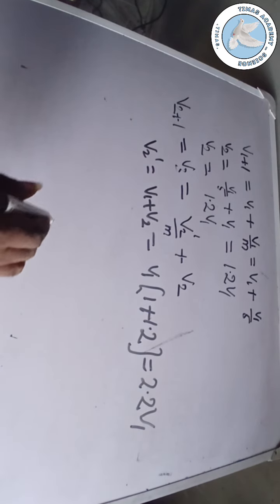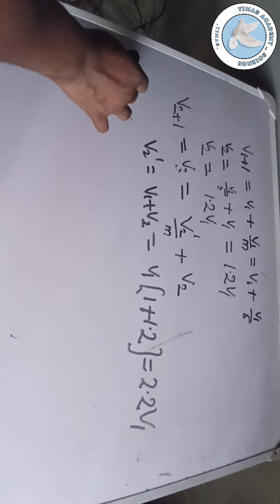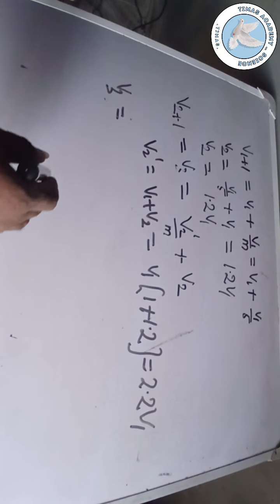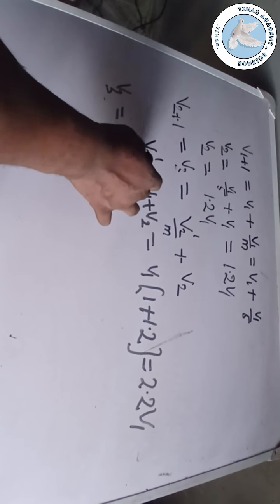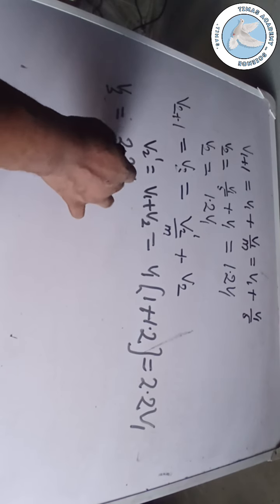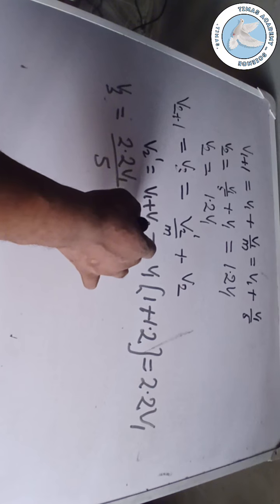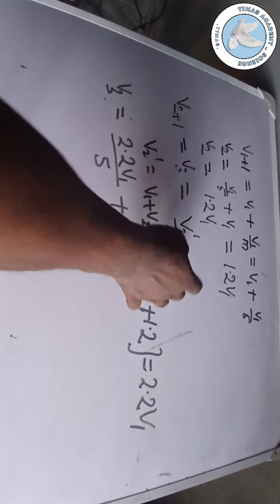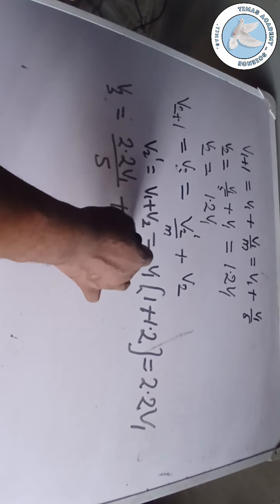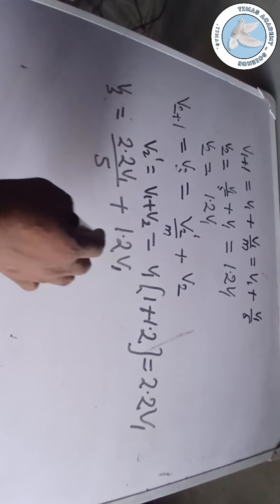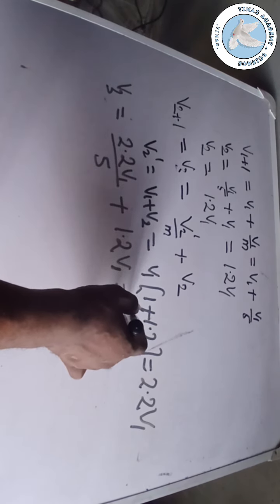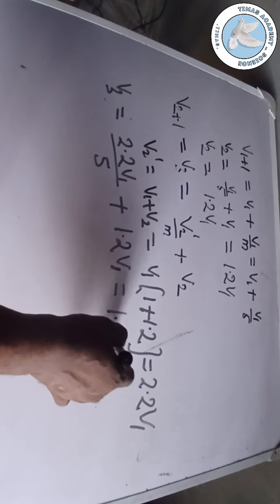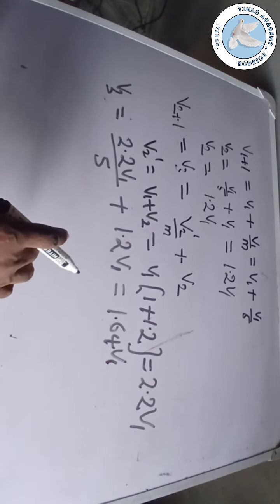So at this point, your V3, that is the voltage across the third unit, is 2.2 V1 divided by 5 plus V2. This V2 we are given to be 1.2 V1. So at this point, your V3 is 1.64 V1.